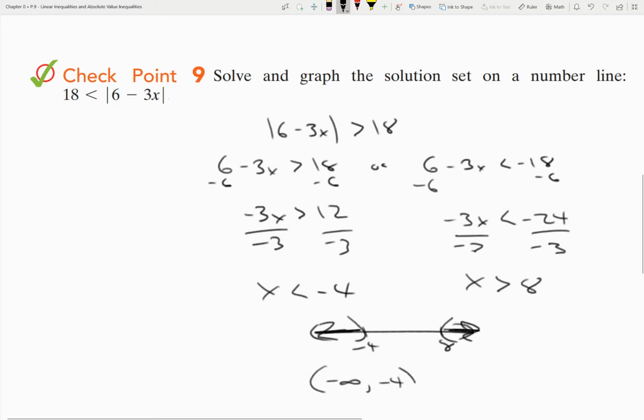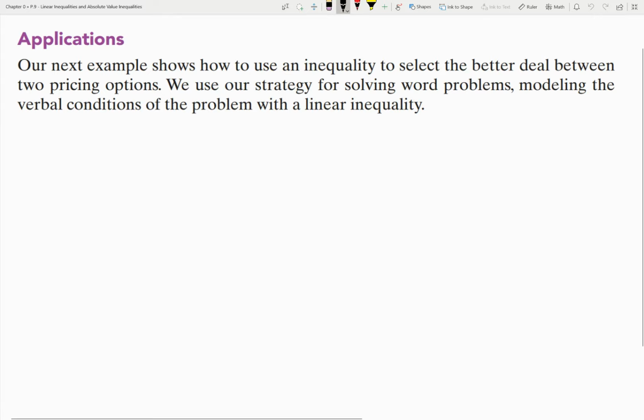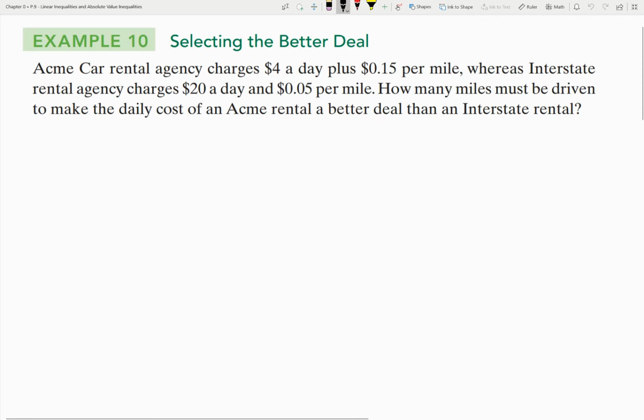Lastly, we can use inequalities to help us solve application problems, to help us solve word problems. Acme Car Rental Agency charges $4 a day plus 15 cents per mile. Interstate charges $20 a day, 5 cents a mile.